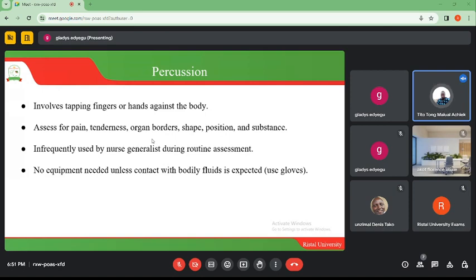Percussion, what you do is you put one finger on the patient, let's say on the chest, and then you use the other finger to tap on your finger. So you'll be able to know which sound you're hearing from the patient.